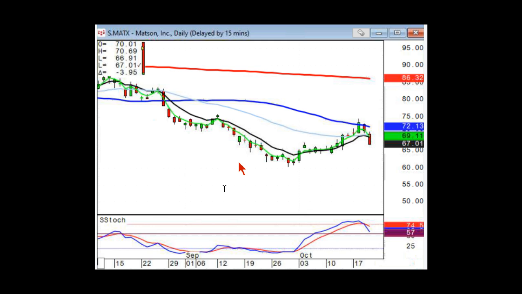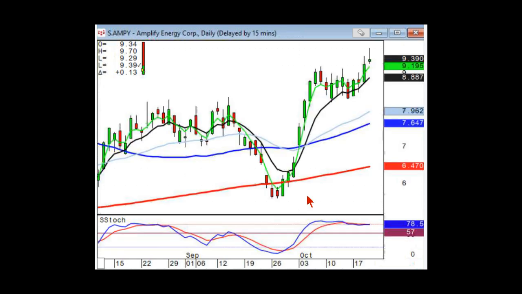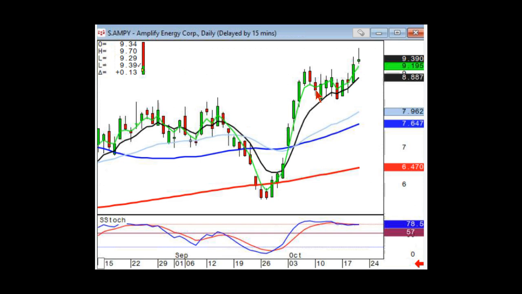Let's go to the ones where we recommended some of the energy companies today, because there's your bullish J-hook pattern. And again, look at the confirmation of this being a pattern. Look what they do right here at the T-line.